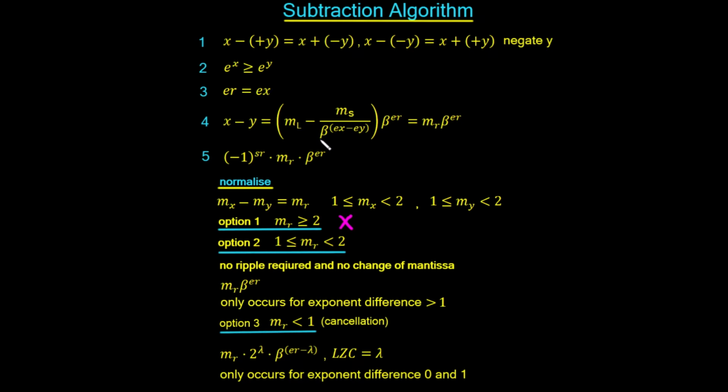Now the other option, and this is the option that I decided to go for, was we could make a comparison with the mantissas for both the values, and we could ensure that we only ever took the smallest mantissa away from the largest mantissa, and this would ensure that we always got a positive result, which a positive 2's complement number would be exactly the same as a sign and magnitude number.